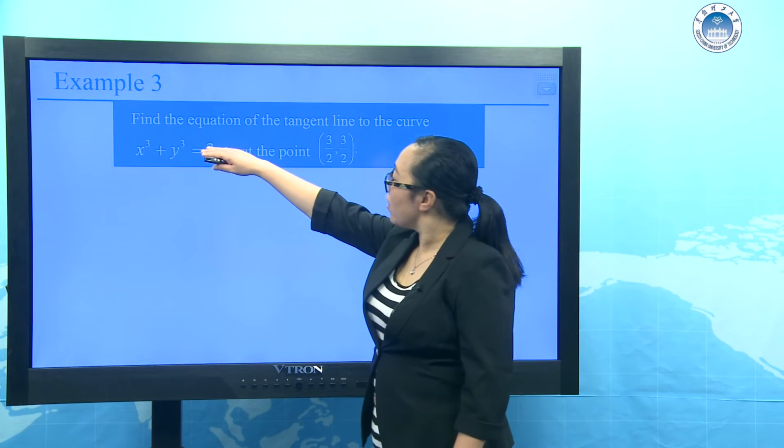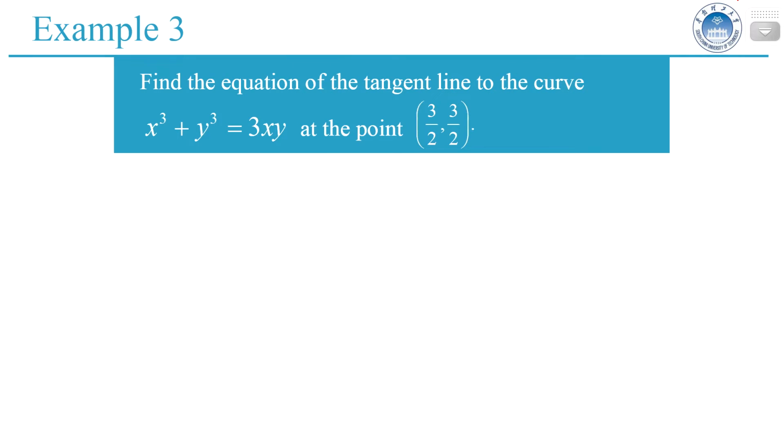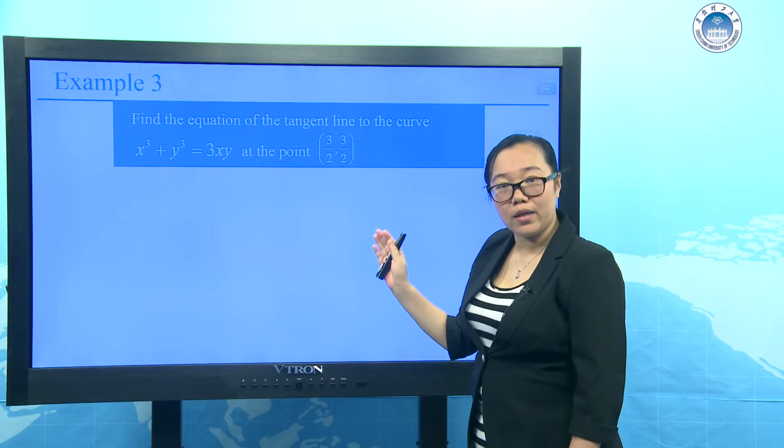Now look at example 3. Try to find the equation of the tangent line to the given curve x cubed plus y cubed equals 3xy at the given point (3/2, 3/2). What is our question? Try to find the tangent line. How to get it?